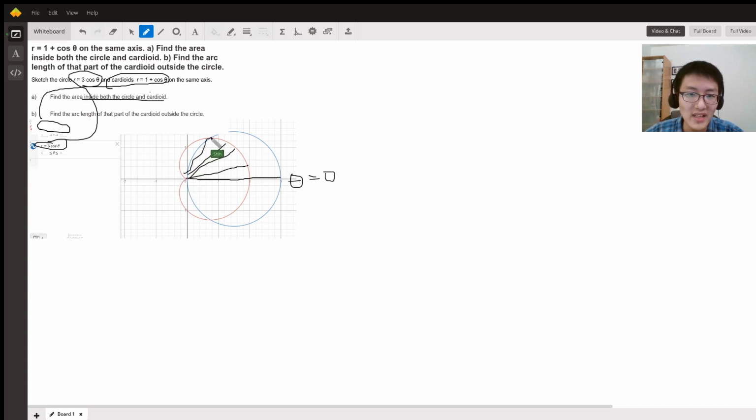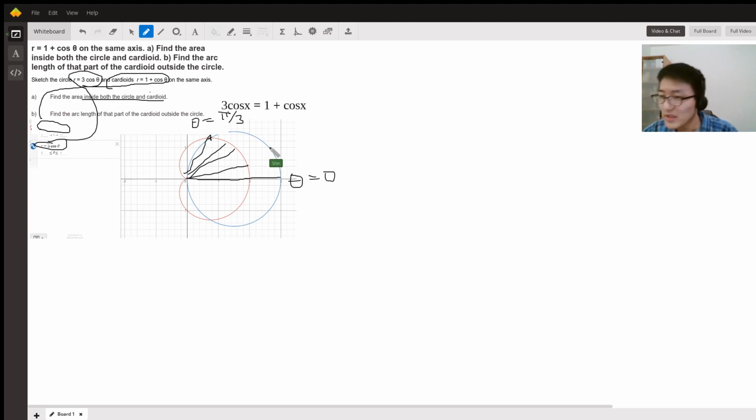Once we get here, in order to find the theta of this, we set the radii equal to each other. So we say 3 cosine theta is equal to 1 plus cosine theta. And when you solve for theta, you'll get theta is pi over 3.